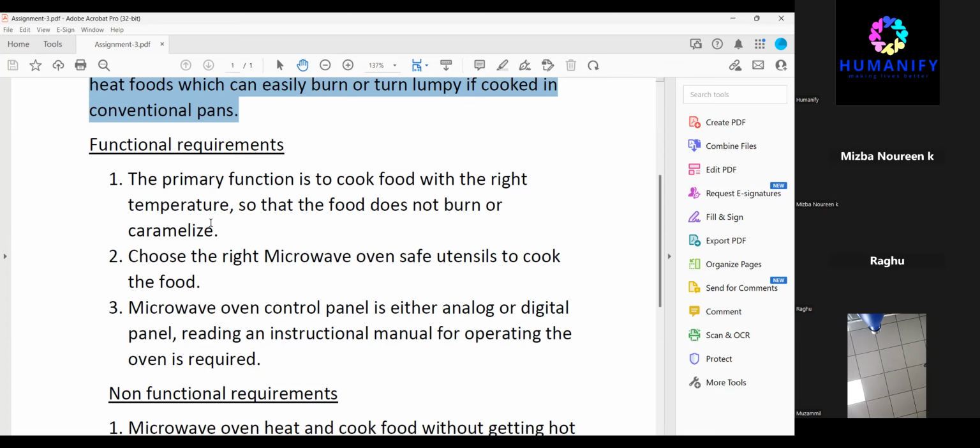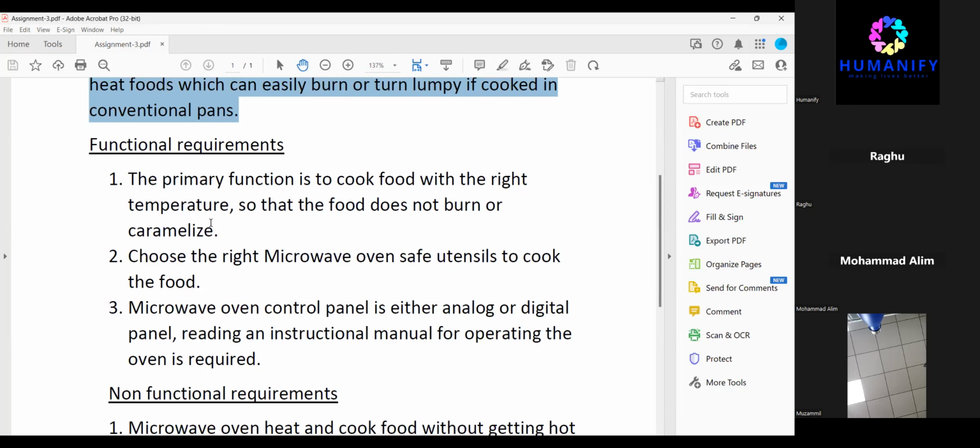So your oven should have the functional aspects where you can set various temperatures based on the food. At the same time, for cooking rice, you can set a certain temperature and a certain number of minutes or hours, whatever it is.